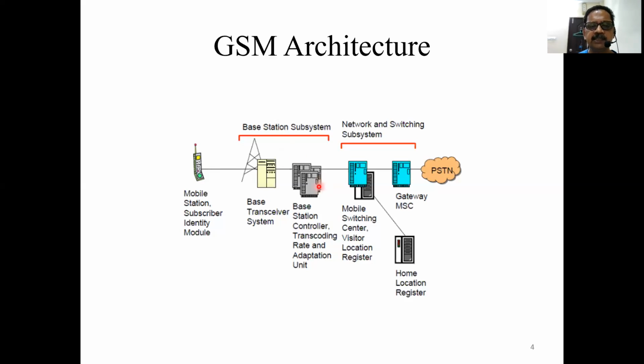Then from the base station controller, the network is connected to the mobile switching center, which is co-located with the visitor location register, VLR. This MSC is further connected to the gateway MSC, which in turn is connected to the public switched telephone network, for connecting to other landline networks or to other operator networks.